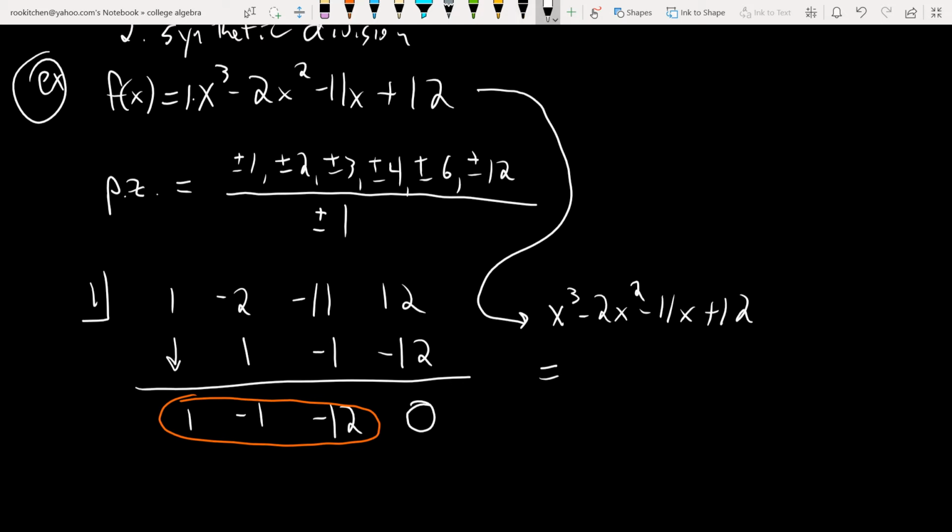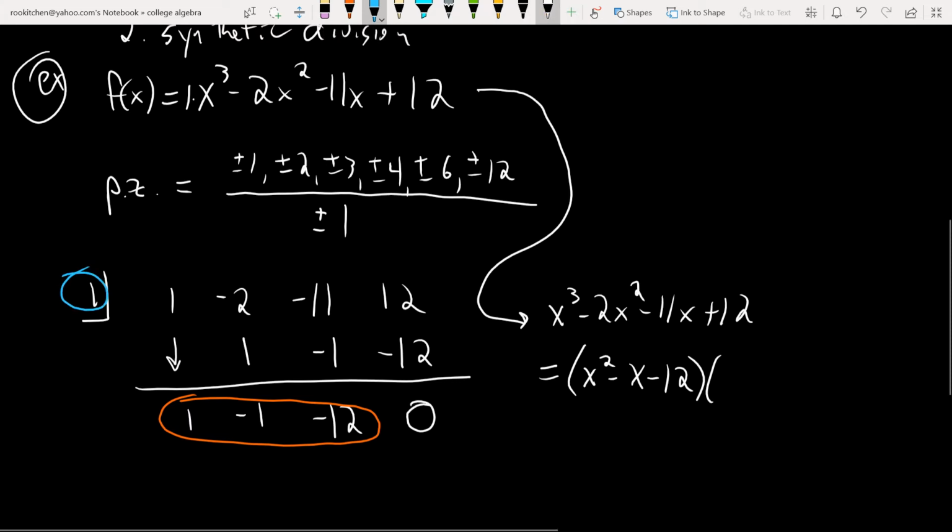It must be equal to x squared minus x minus 12. So I just borrowed the coefficients from that red circle that I just did. And then times, now I borrow from the 1 that I'm circling in blue here. So you'll have x minus whatever that number in blue is. So x minus 1.